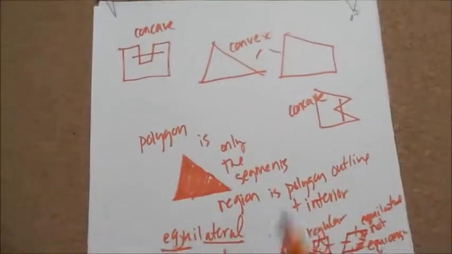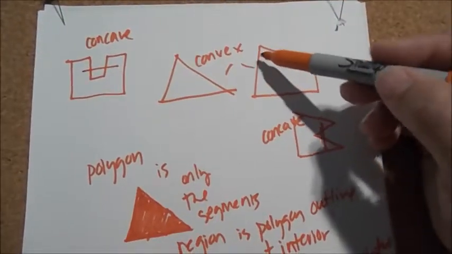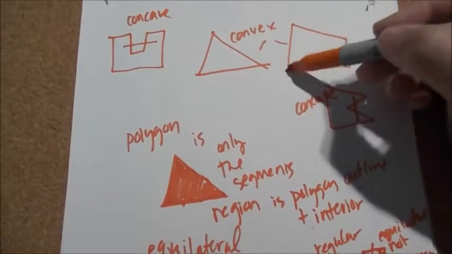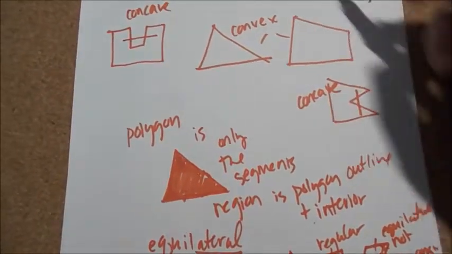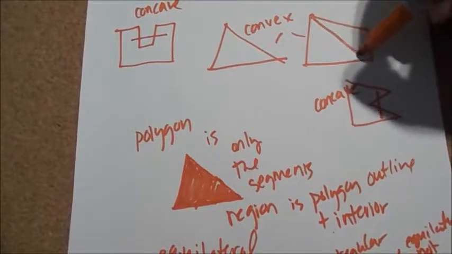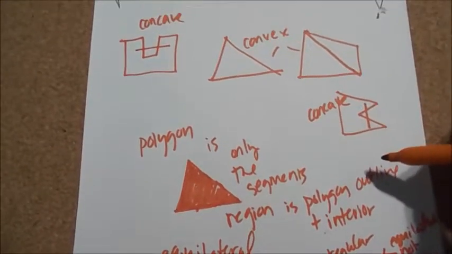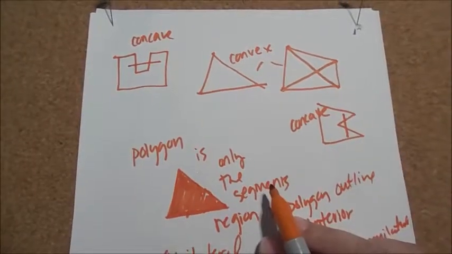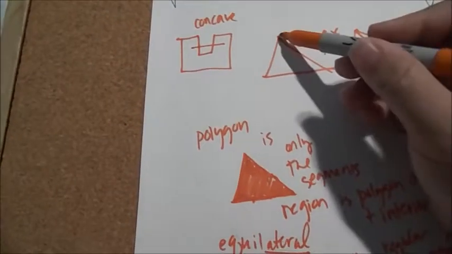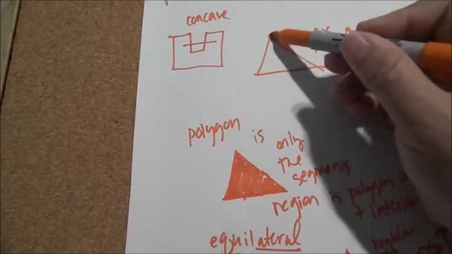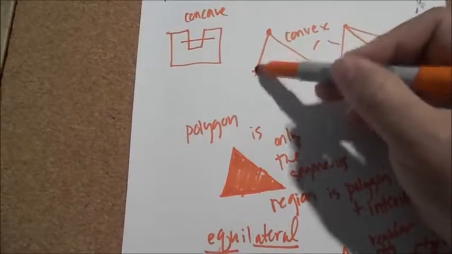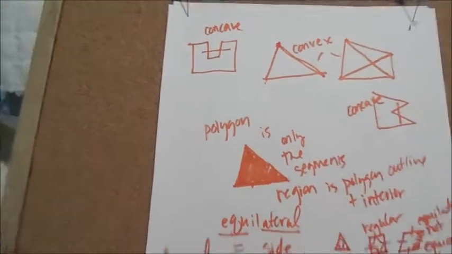If I want to connect vertices, this one and this one are right next to each other. This one and this one are right next to each other. So what I have to do is take this one and connect it to that one. That's a diagonal. This one is connected to that one. That's a diagonal. This one is not going to have any diagonals, because if I try to connect this vertex to one or the other, it's only the ones right next to it, and then you just get the sides. You don't get a diagonal.